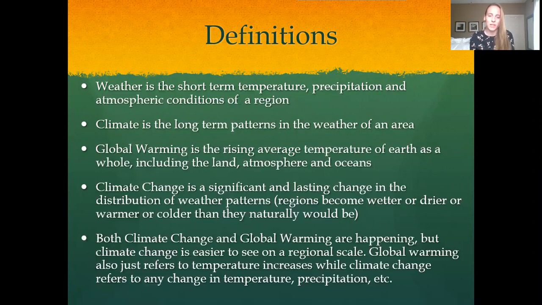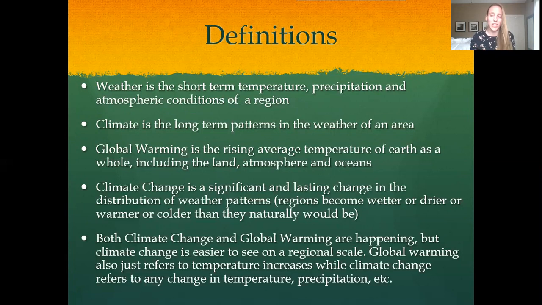So for example, if your area over the past couple decades has gotten way warmer or way cooler or way drier or way wetter, all of those would be examples of climate change. And this isn't just happening on average, this is happening in millions of different regions all over the world.